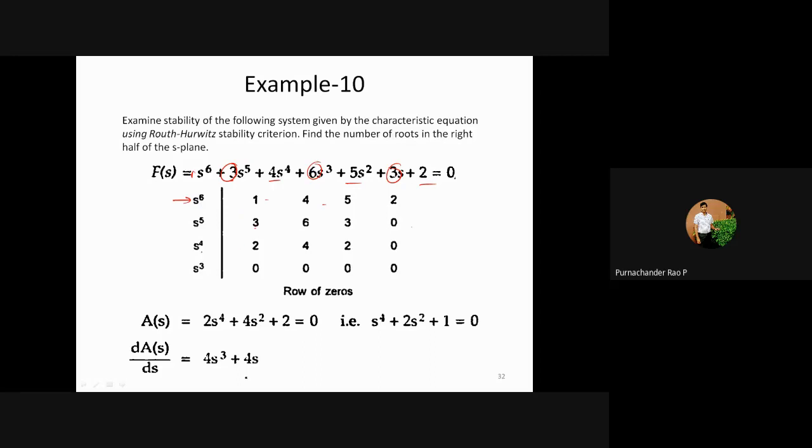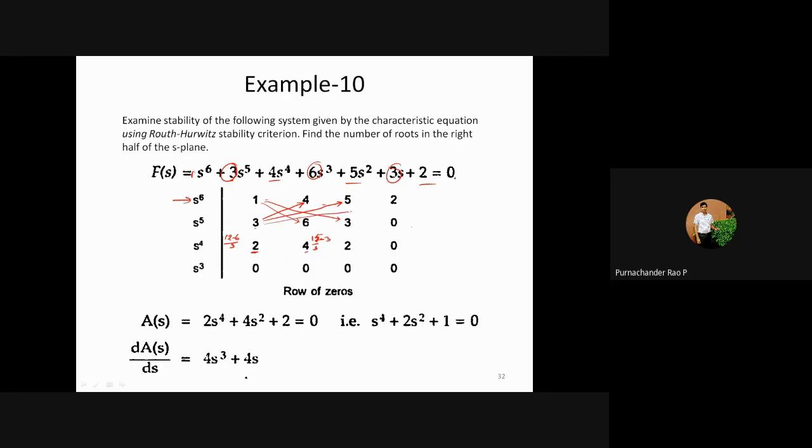Then the s power 4 value is 3 into 4, 12, minus 6, divided by 3, so it is going to be 2. And here 3 into 5, 15 minus 3, 12 by 3, so it is going to be 4.